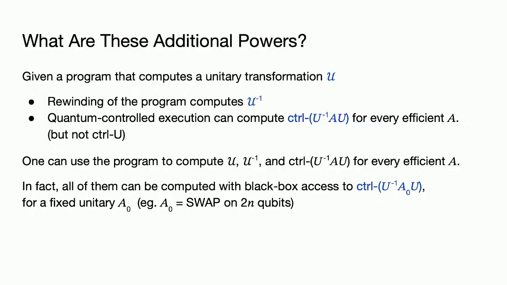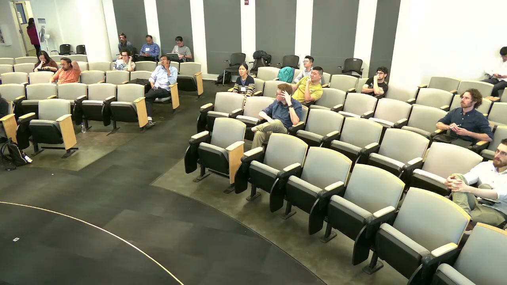So, yeah. Efficient, because I would imagine that you can also efficiently run U if you are given an obfuscation of U. So why couldn't you run controlled U inverse U versus U A U? If you're given the obfuscated program, you will not know what you are implementing. If you knew an efficient operator A, like you know what A you want to apply, then you can apply controlled U inverse A U without knowing what the program is implementing, where the program is actually implementing U. Does that make sense?